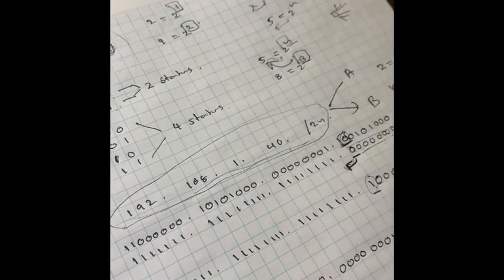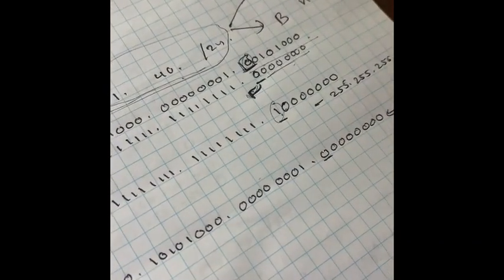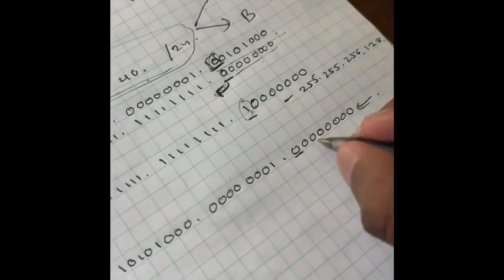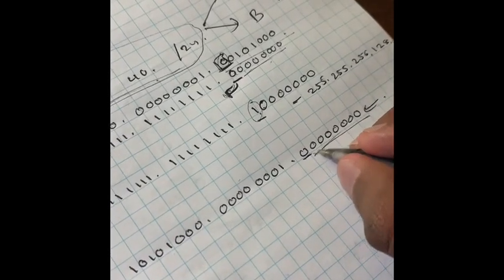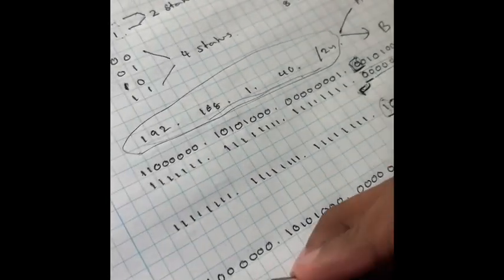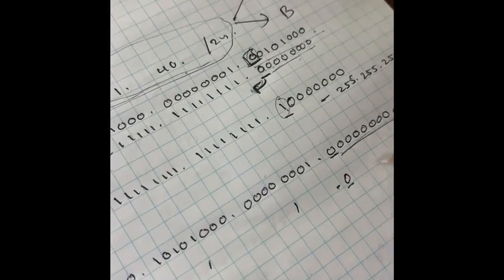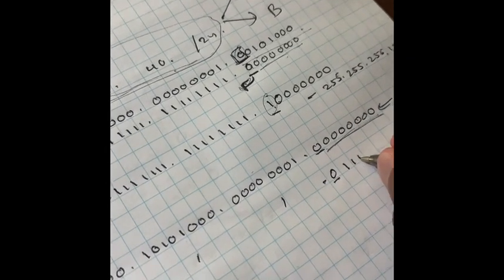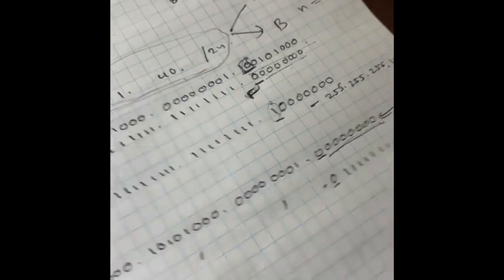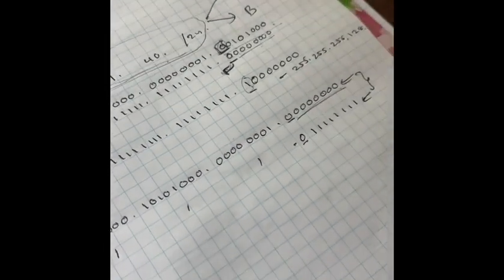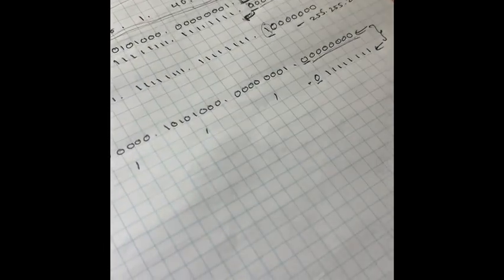But since we have broken it down, this part cannot change. The highest number that this can go to will be 7 ones. So this will stay the same, this will still be 0, and the rest can go up to 1. So this will be the total range of the first subnet.